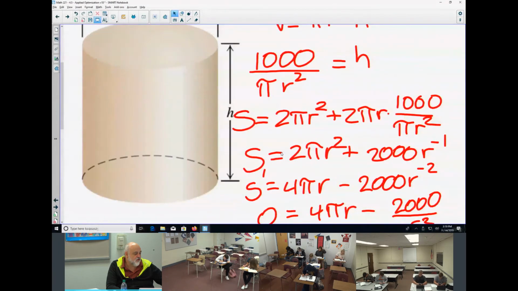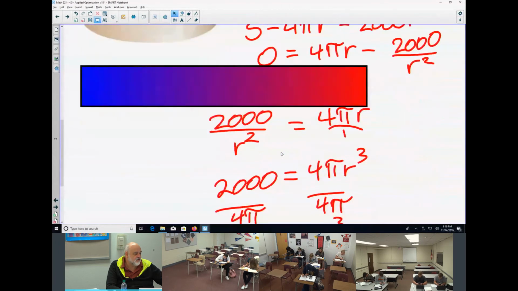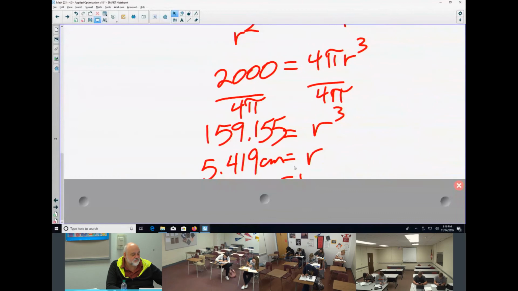So 1,000 over pi times what we got for r squared. $10.839.